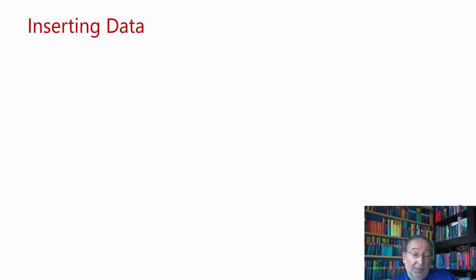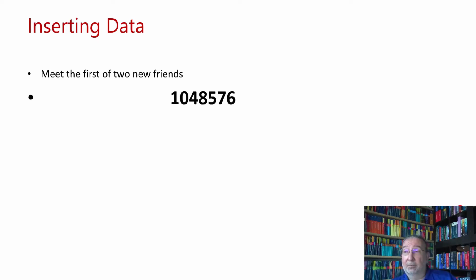Let's start with inserting data. We have to get data into our table. So we created a nice little empty clustered column store table. We defined it, and Books Online will tell you all the syntax about that. So for inserting data, you have to meet one of your two new best friends. This friend is the number 1,048,576.